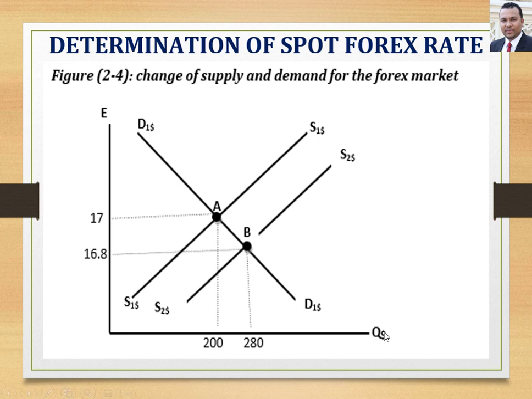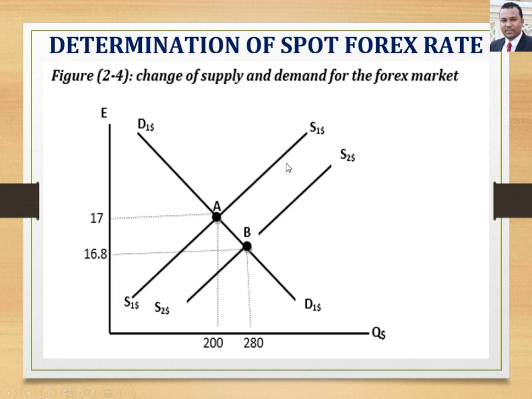Quantity of dollars and exchange rate, with direct quotation. What do we mean by direct quotation? Remember, how many units of domestic currency are required to convert 1 unit of foreign currency? Our original point, point A, is 17 Egyptian pounds per US dollar.